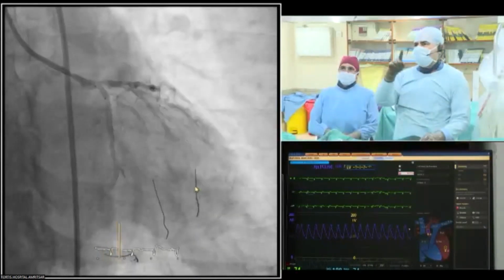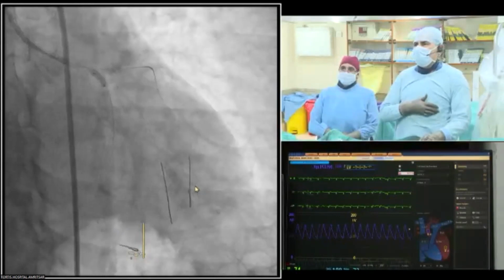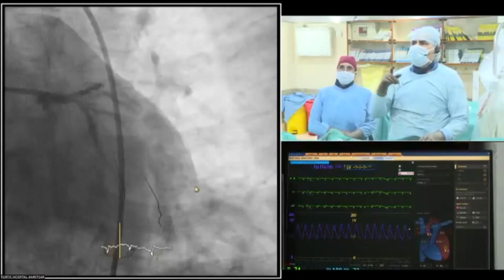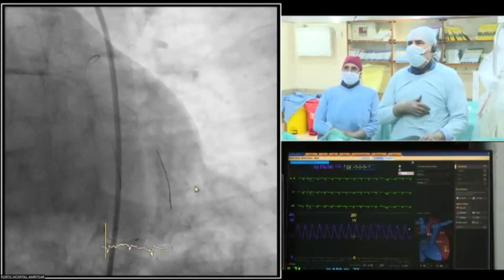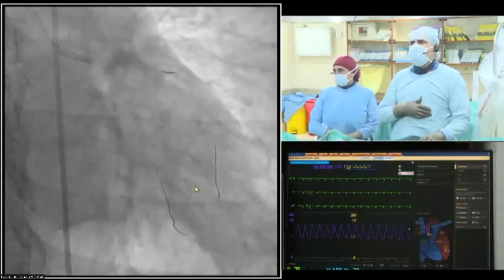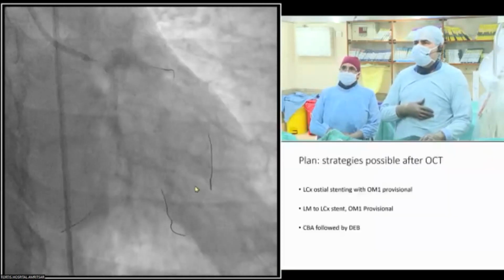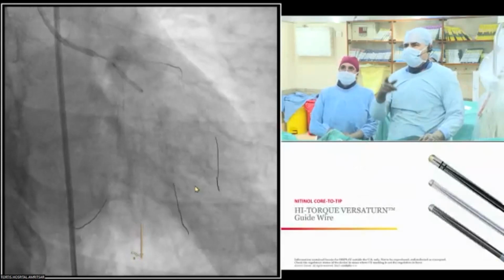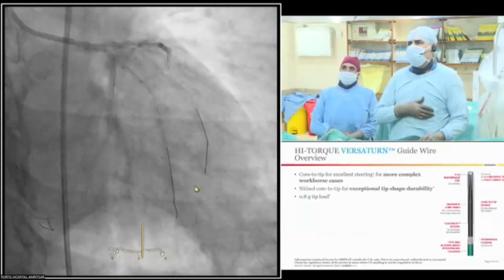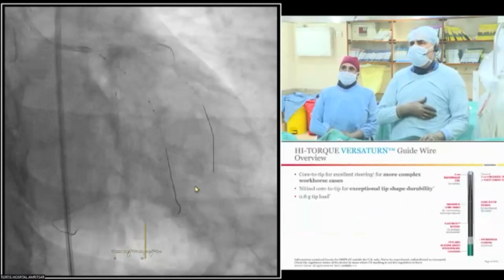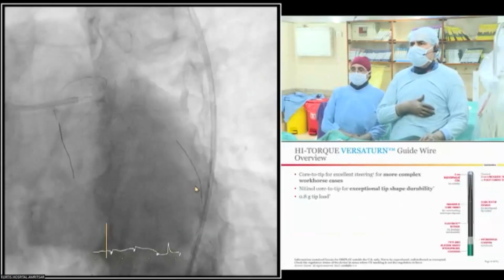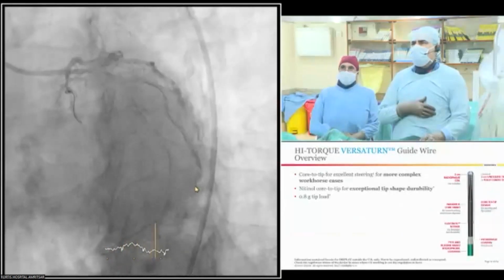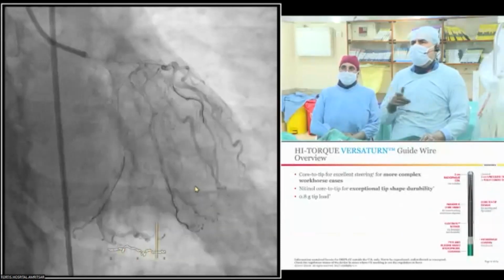So I recrossed into the obtuse marginal with a 3 by 8 millimeter balloon, parked a wire in the LAD, did balloon dilatation of this OM, and did a kissing balloon of both. I'll show you all these. So we did a kissing balloon here and then did an OCT.